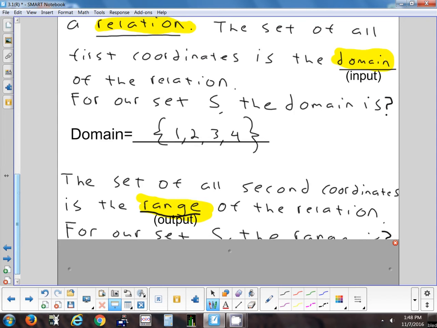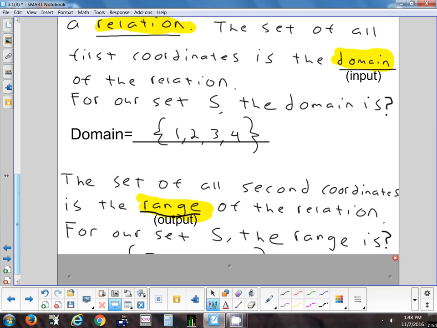So we got a few different words that mean the same thing. The Y's, the range, the output. All the same thing. Make sure on your notes, above where it says output, you fill in range.